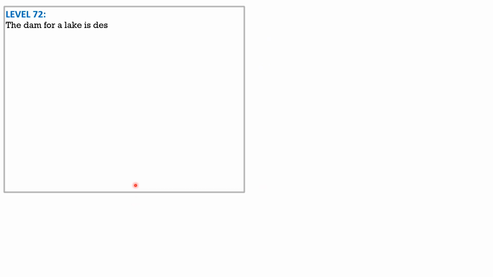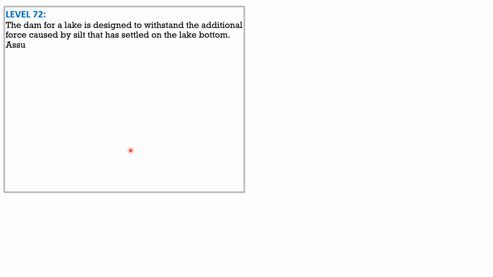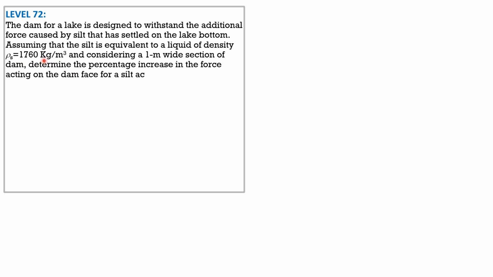Problem 72, the dam for a lake is designed to withstand the additional force caused by silt that has settled on the lake bottom. Assuming that the silt is equivalent to a liquid of density rho sub s equals 1760 kg per cubic meter, so the specific gravity is 1.76, 1760 over 1000 for that of water, so 1.76.